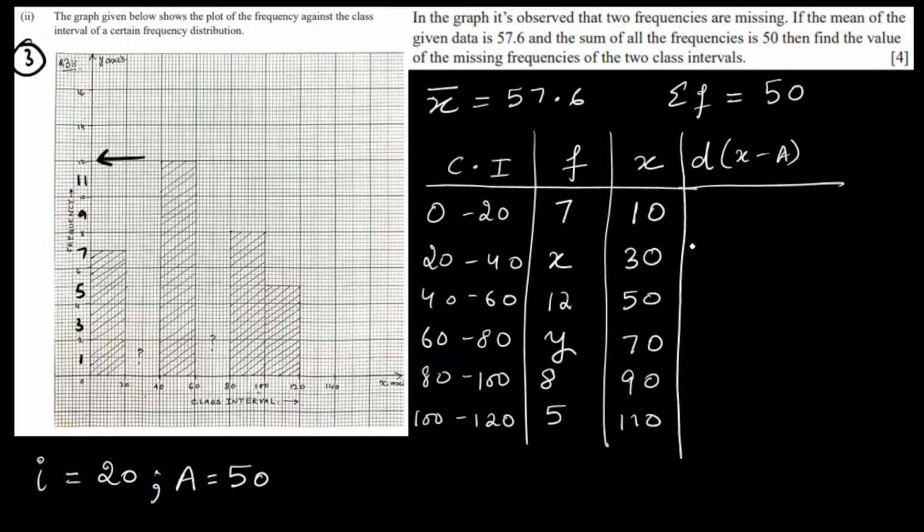So 10 minus 50, I have chosen a as 50, so minus 40, then minus 20, then 0. Then 70 minus 50 is 20. 90 minus 50 is 40. So this is 60. Is it clear?